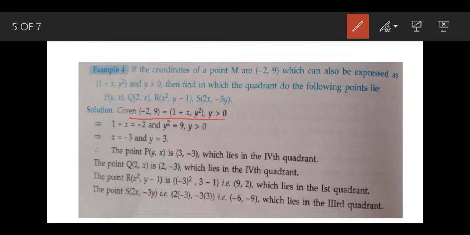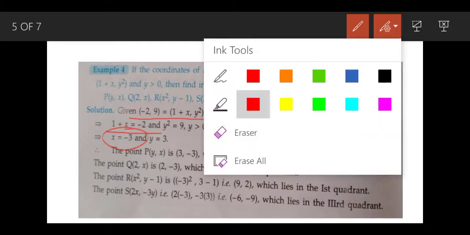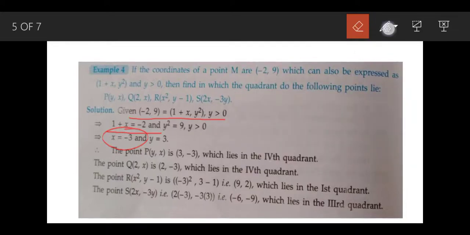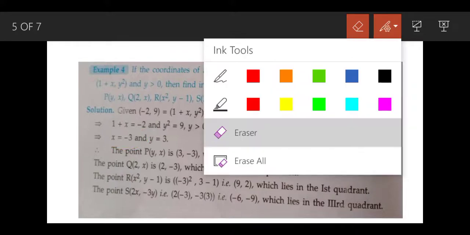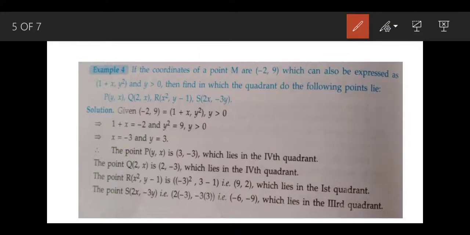It means on equating, we will get 1 plus x is equal to -2. So the value of x will be -3 when 1 goes to the other side. Similarly, we have y square is equal to 9. So y will be plus or minus 3.